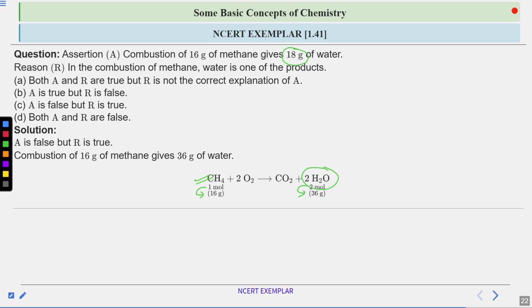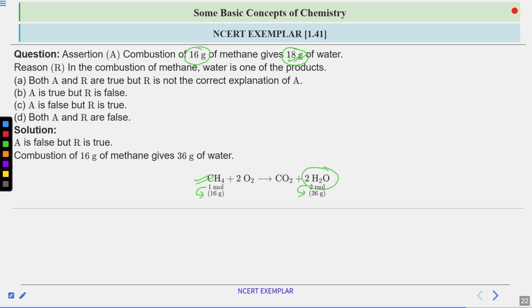Now you can also say that 16 gram of methane will combust to give 36 gram of water. But the assertion says that 16 gram of methane gives 18 gram of water. Therefore, this is an incorrect statement. What is the second one? That combustion of methane will give water. Yeah, it is right. It will give water. So therefore, A is false but R is true. You have an issue? Is it clear now?